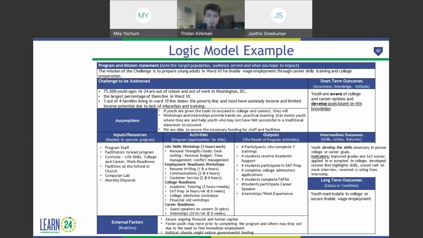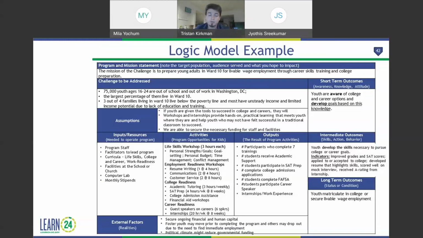For inputs, they list the resources they require. And for activities, they list their specific services and include the dosage or frequency of those services. For outputs, they list the direct products of their planned activities. For example, the number of students that completed their college readiness and SAT prep activity.